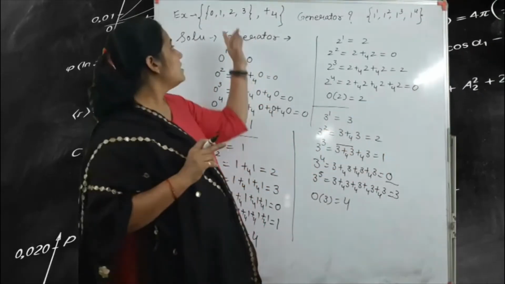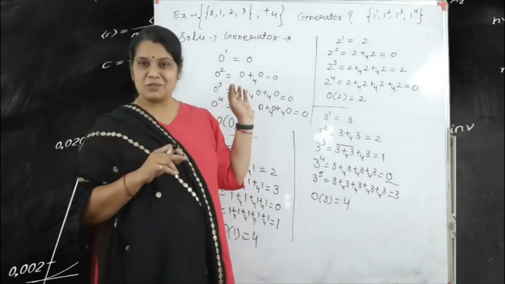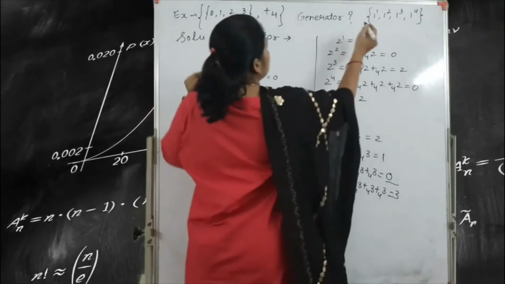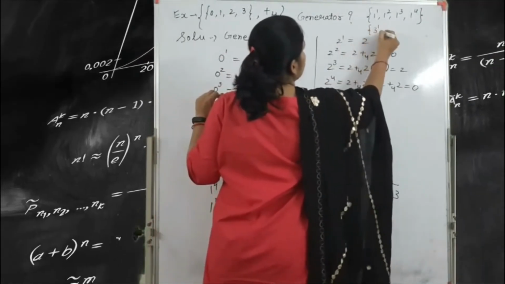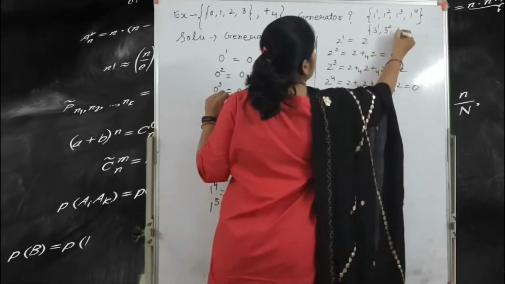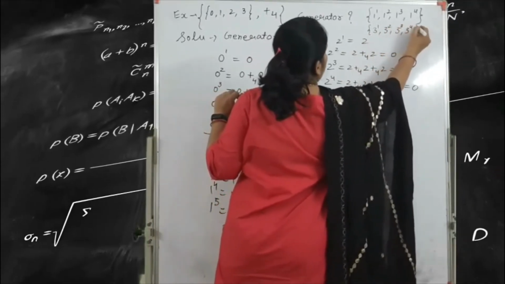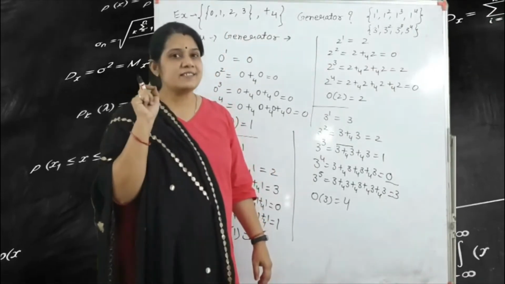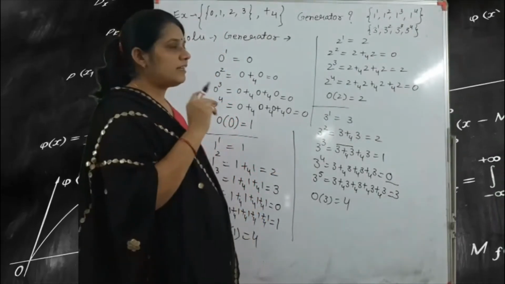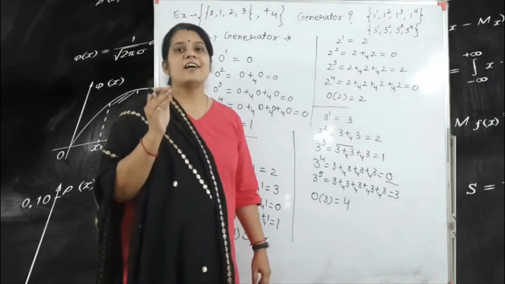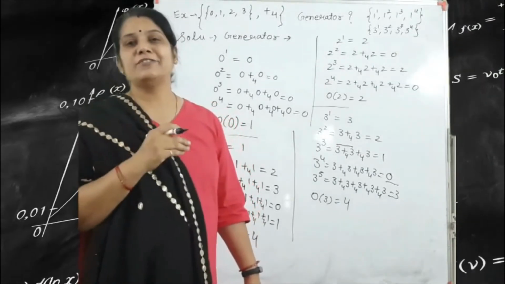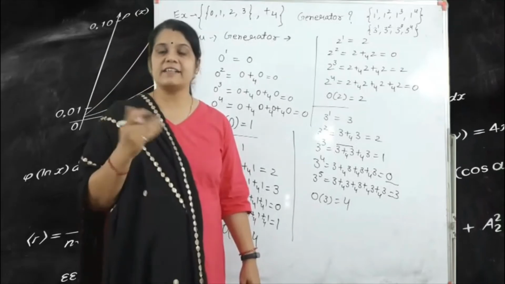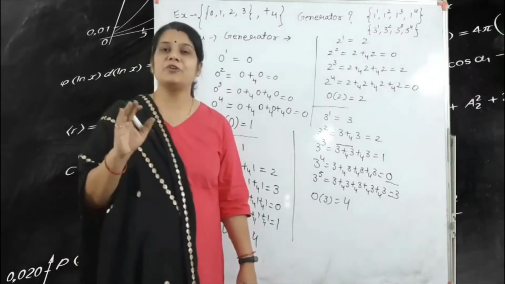That means we write 3 raised to the power 1, 3 raised to the power 2, 3 raised to the power 3, and 3 raised to the power 4. So we can say that the elements 1 and 3 are the generators of the given set with addition modulo 4.